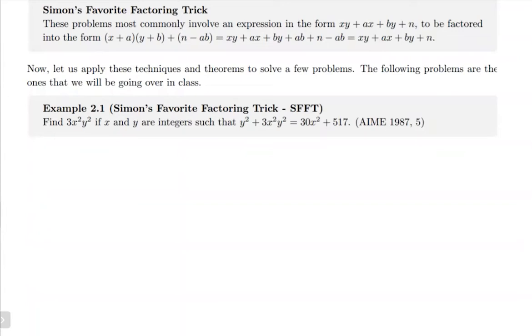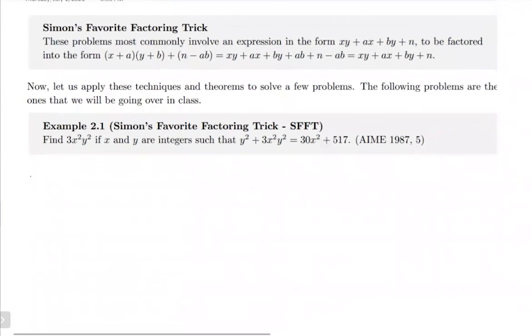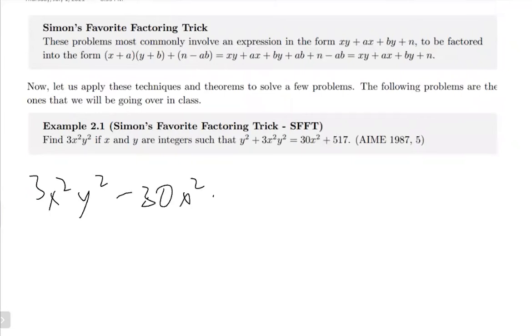Right, so first we can move the x squared term to the other side, right? So we have 3x squared y squared minus 30x squared plus y squared is equal to 517.